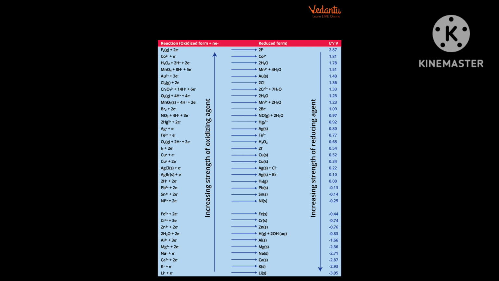And the cathode, you will write the cation like Cu++, then one oblique line, and Cu, meaning metal ion is converting into metal. That's why it is represented like that.